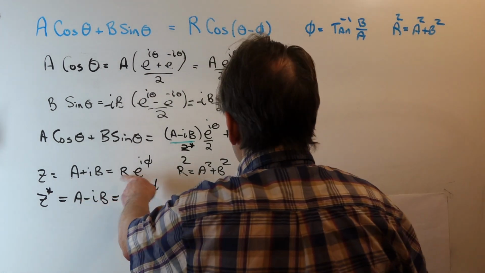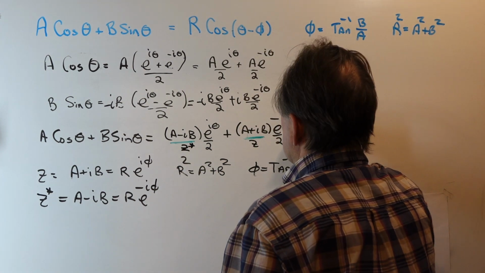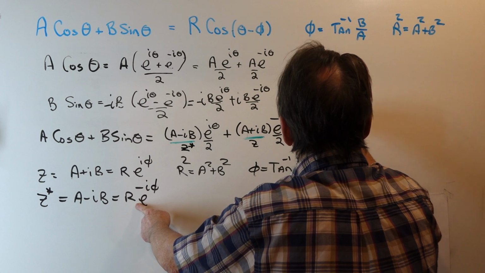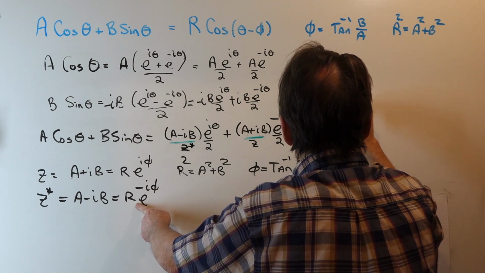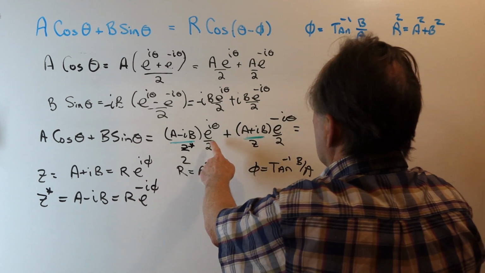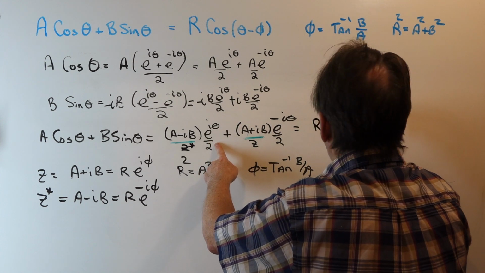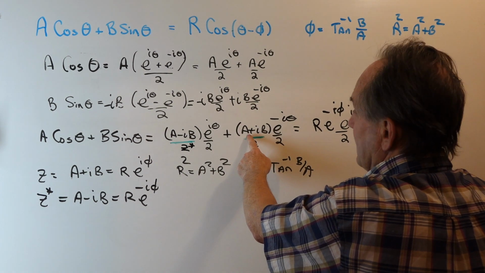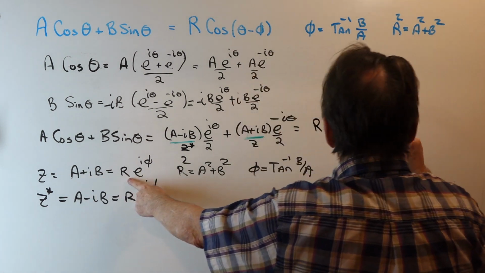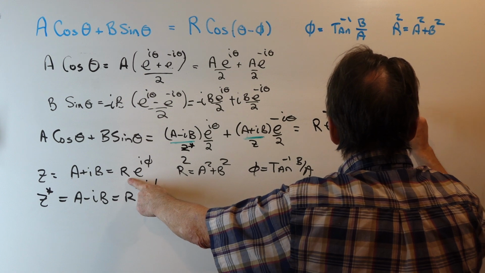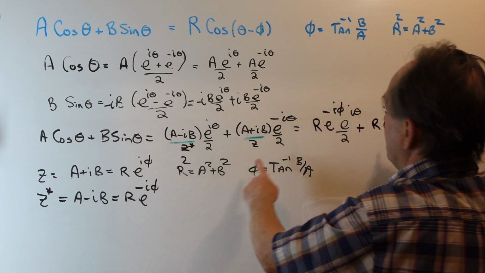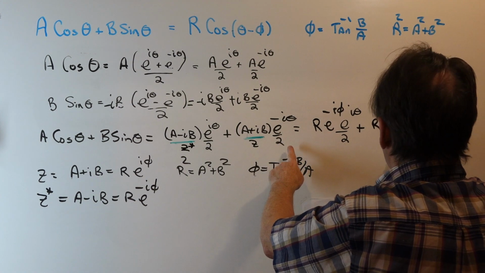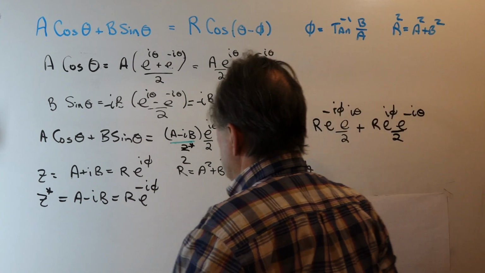Now, let's put these in for z and z conjugate. Well, a minus ib would be r e to the minus i phi times e to the i theta over 2, and then plus a plus ib is r e to the i phi, positive, times e to the minus i theta, all over 2.